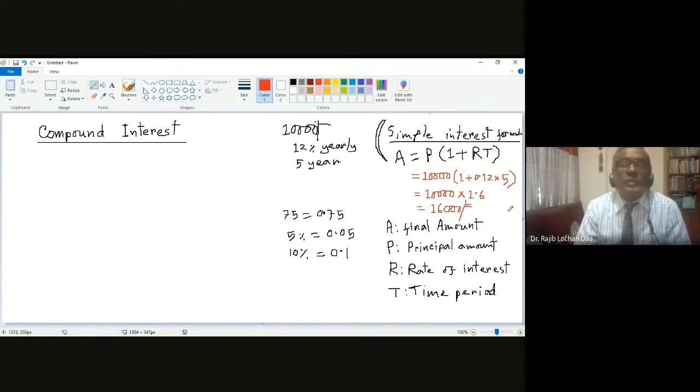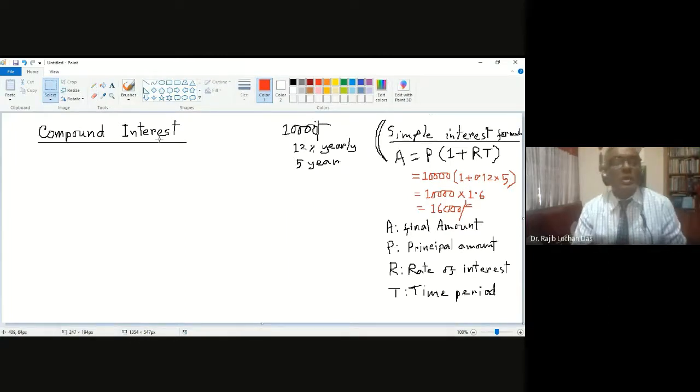Yes, sir. Correct? So this is the simple interest concept and understanding.